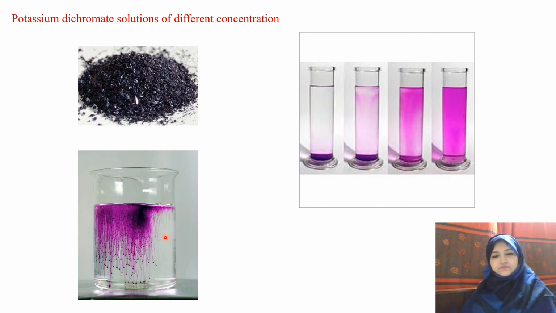In the pictures, there are solutions of different concentrations. You can easily observe that, and you can easily identify which one is dilute solution and which one is most concentrated.